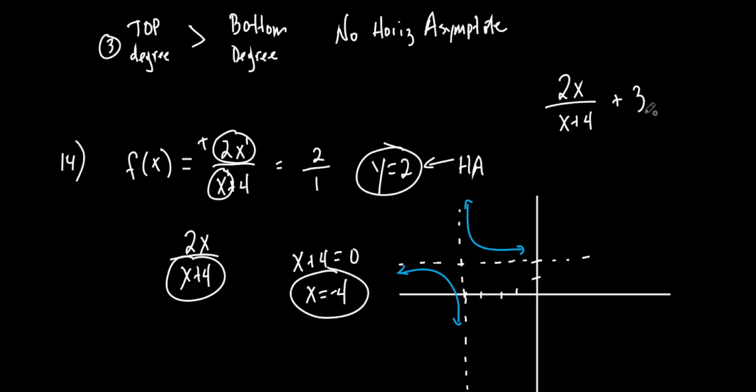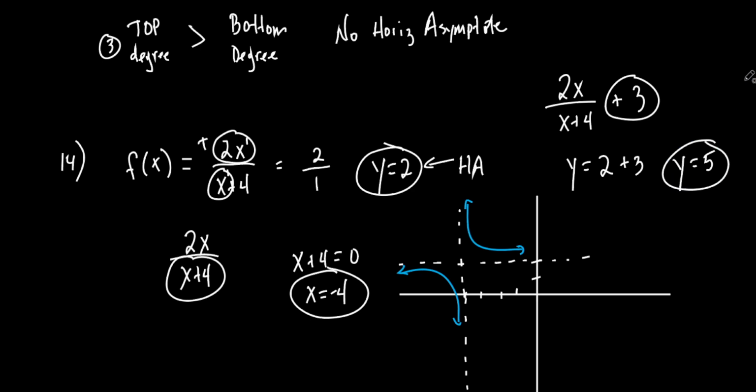All right, but you still got that plus 3 there. So the horizontal asymptote is going to be y equals 2 right here, but then you still have to do what when that's on the end of it? You still have to add a 3. So what's your horizontal asymptote with that? It's y equals 5. All right?